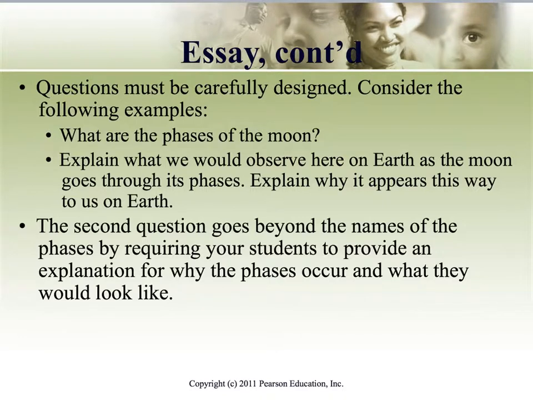So, an alternative essay question would be: explain what we would observe here on Earth as the moon goes through its phases. Explain why it appears this way to us. So, it makes sure that we can assess the student's higher order understanding of moon phases rather than just saying, what are the phases of the moon? Just listing them out.